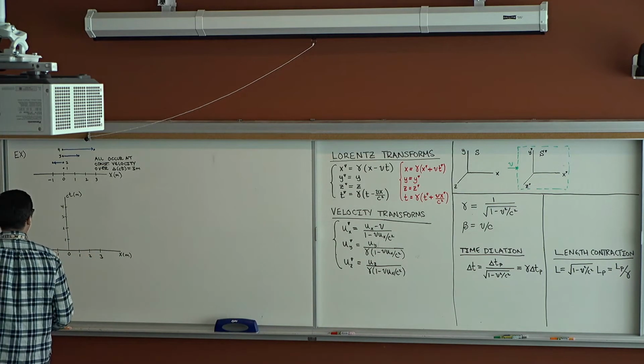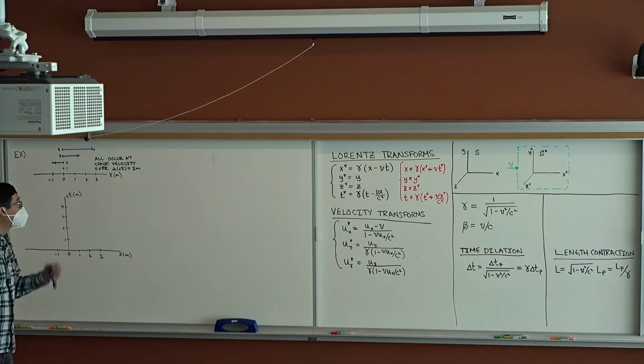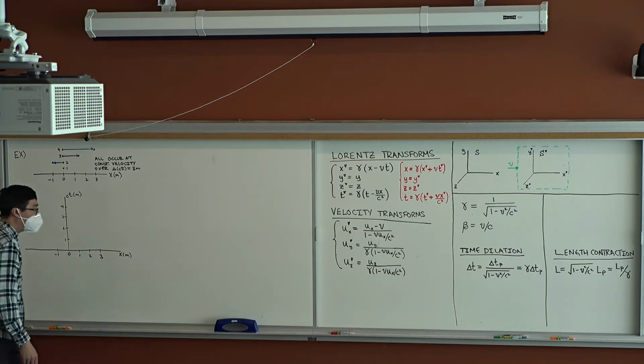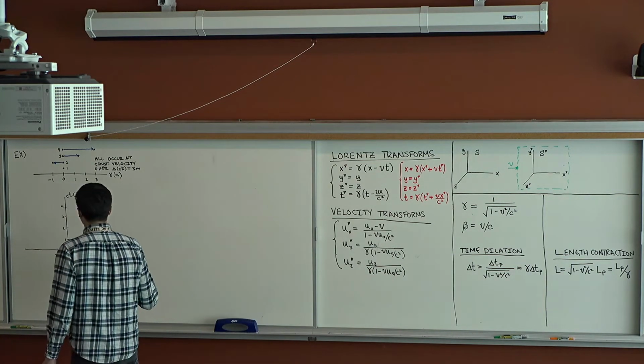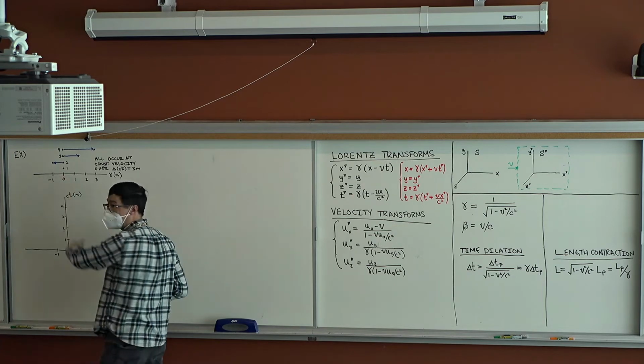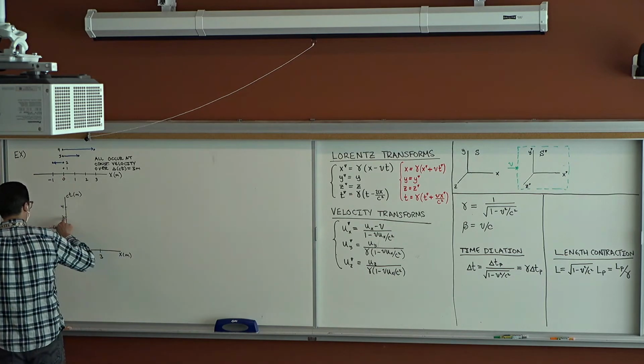By the way, I'll do it in a second. I'm getting ahead of myself. So if I wanted to plot our particles' paths, particle 1 just sits there, right?